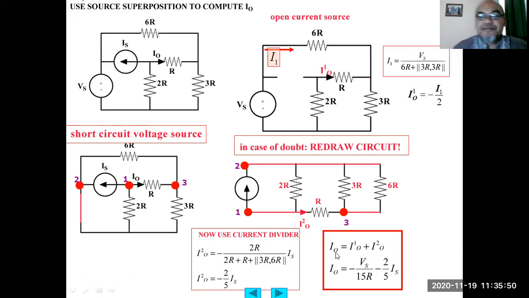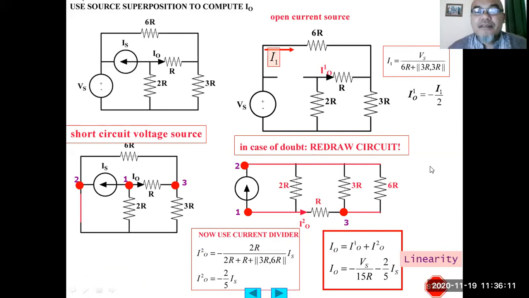So then IO can be calculated as IO1 plus IO2. IO equals this result plus this result. And then we obtain IO equals -Vs divided by 15R, this part, with -2/5 as IS.